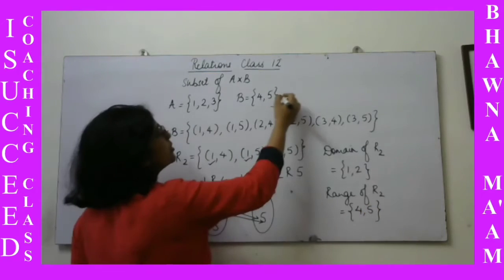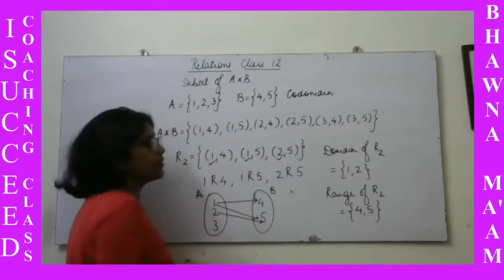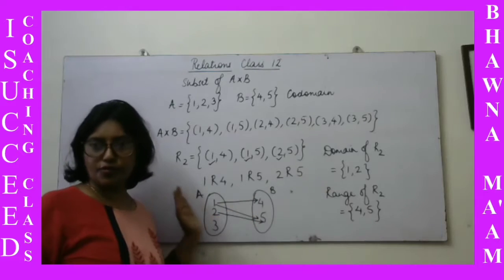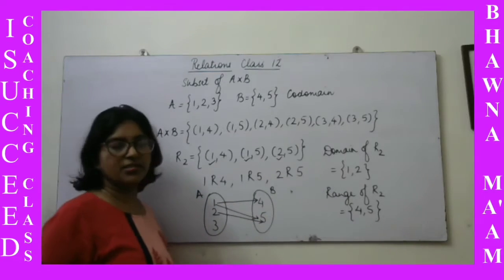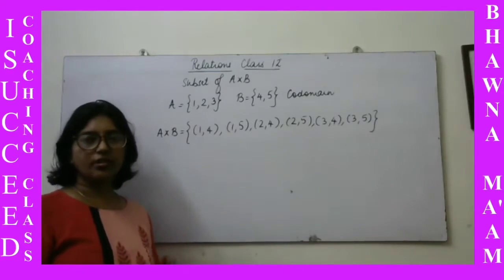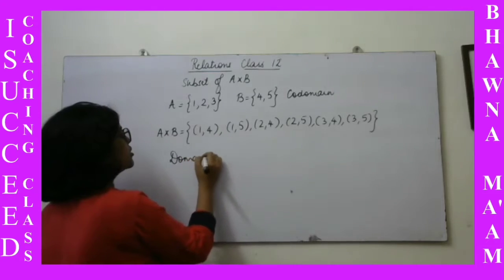Set B is called the codomain. And those elements which are related from the first set are called domain elements and from the second set are called range elements.